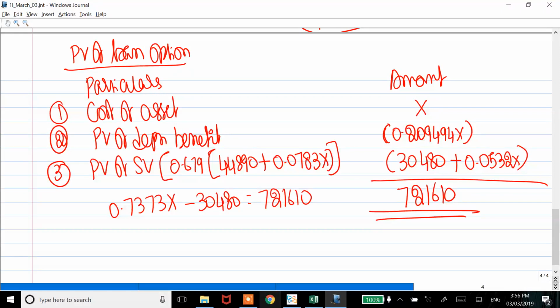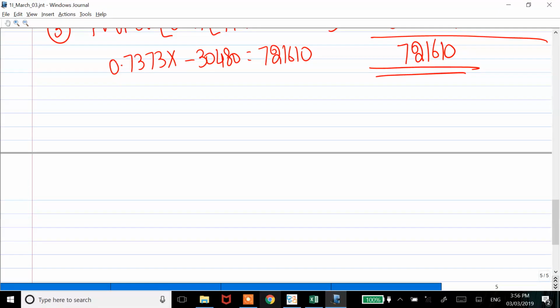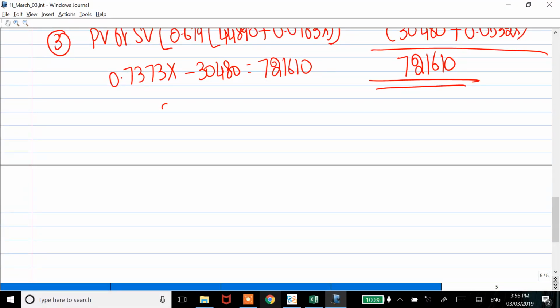So 7373x minus 30,480, I have to equate it to 721,610, so that I find at what level it is going to be indifferent.